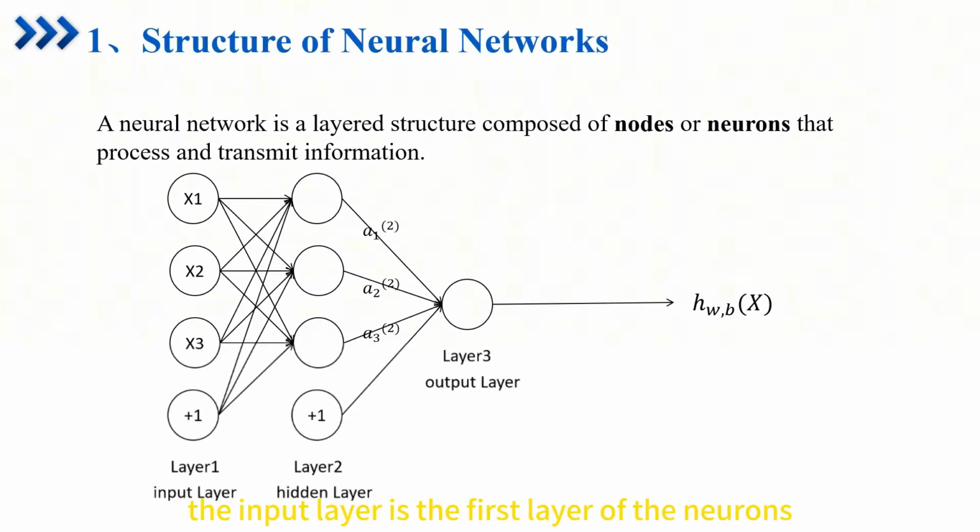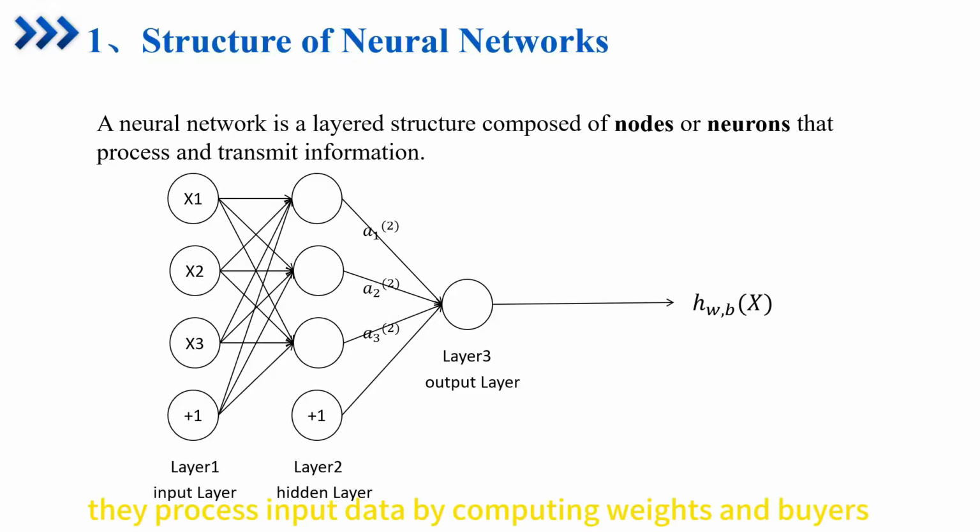The input layer is the first layer of the neural network. It receives input data from the external environment and passes it on to the next layer of neurons. The hidden layer is a layer or layers of neurons located between the input and output layers.